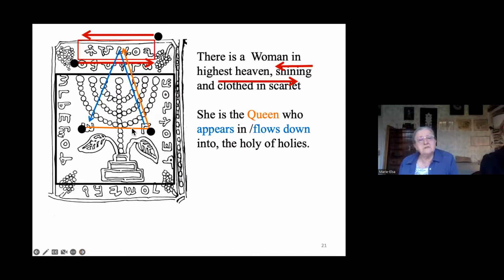And you notice that in the midst of that triangle, which is the lady, the Queen, there is the central lamp of the menorah who represents the Lord, and he is coming down, and just underneath the two bottom letters, the geminated sprout from the tree of Jesse. So this is the birth taking place.